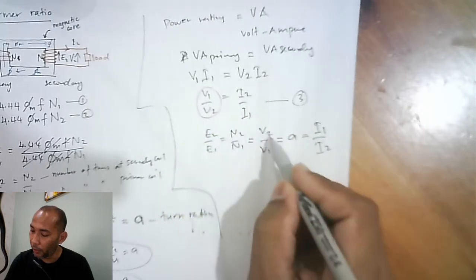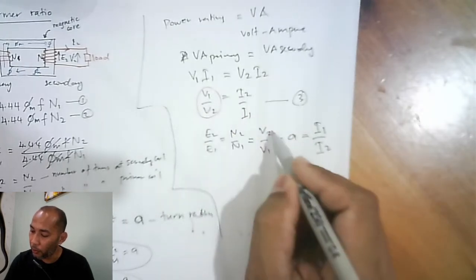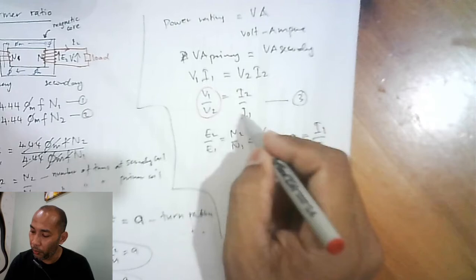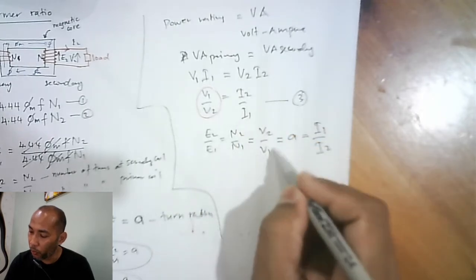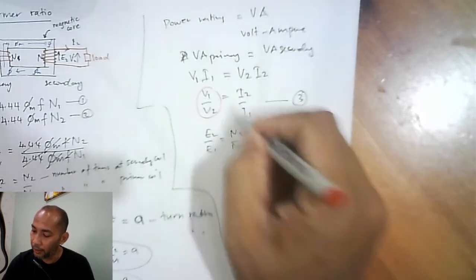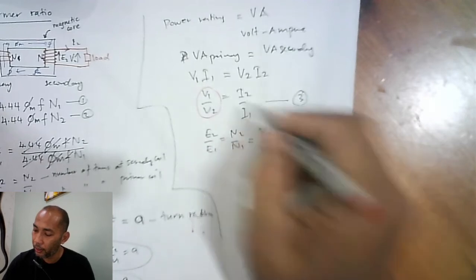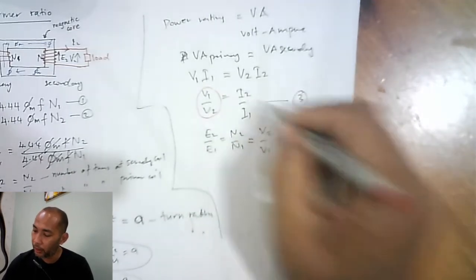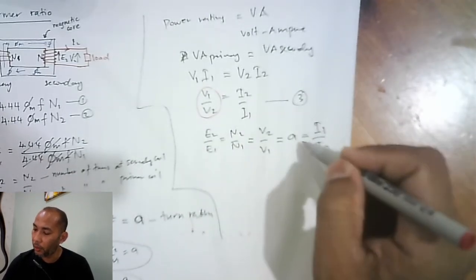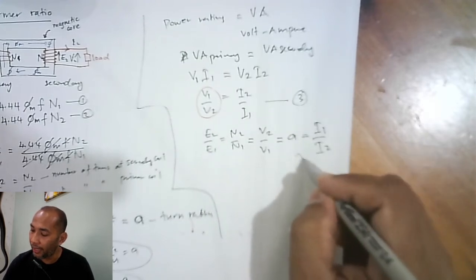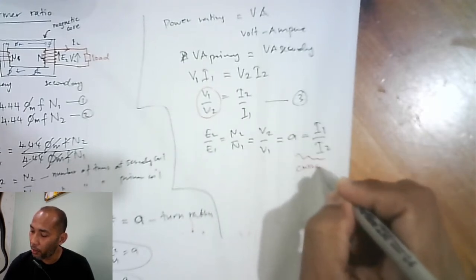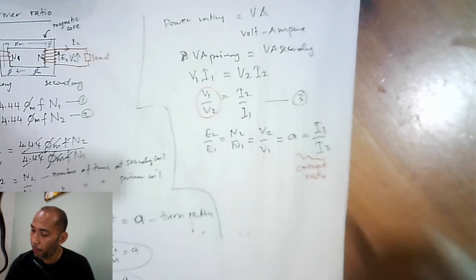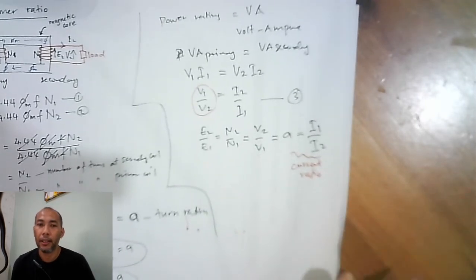This one we call the current ratio. A is also the current ratio.